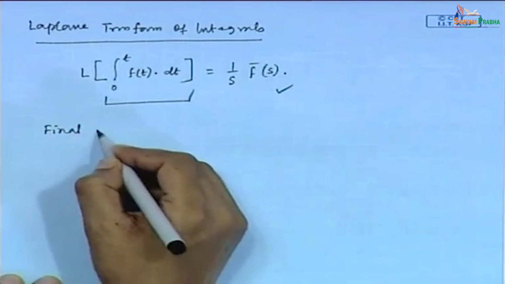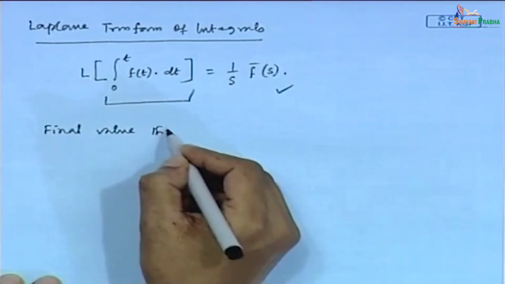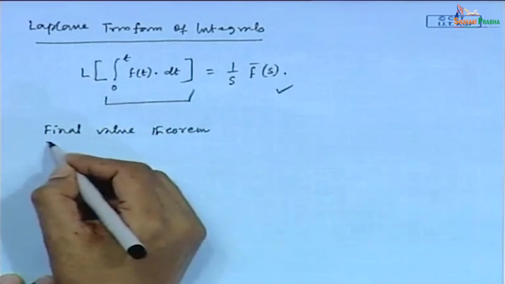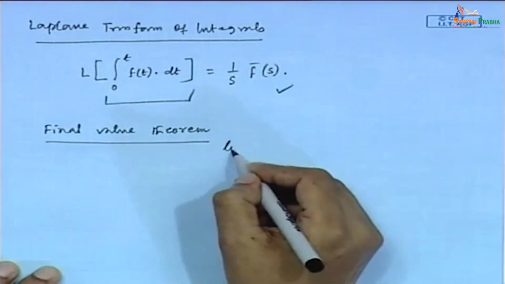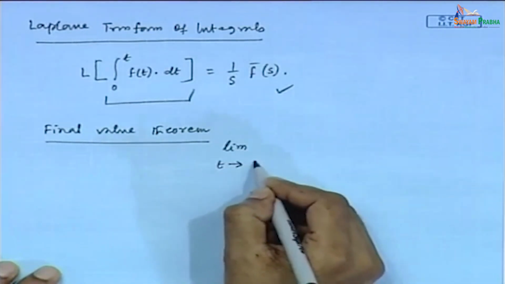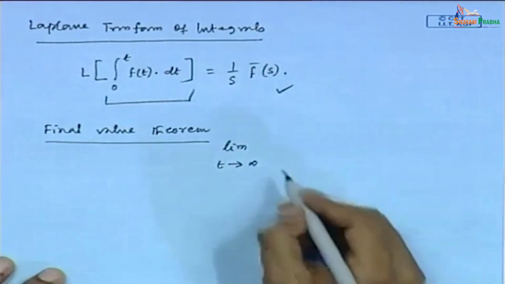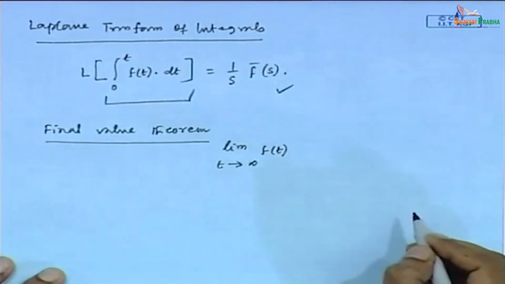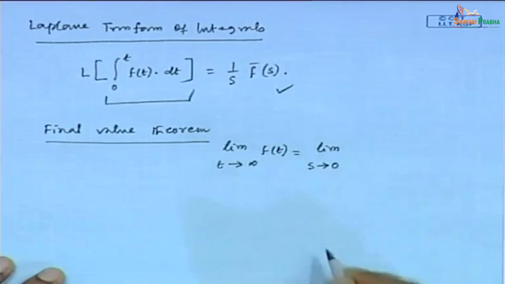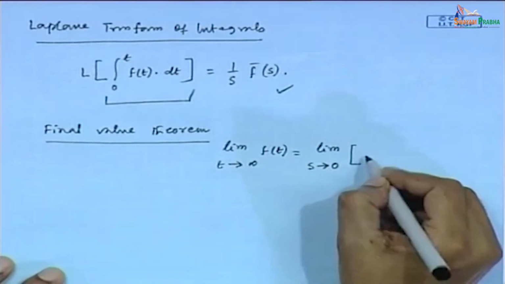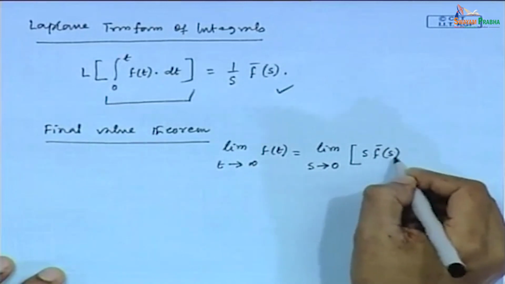Other two formulas are also in use in process control. Those are final value theorem and initial value theorem. Final value theorem is limit t tends to infinity, f(t) equal to limit s tends to 0, s F bar(s).